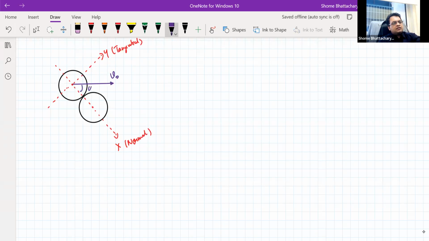Let's say that is at some alpha. So V naught cos alpha is the approach velocity. It is the normal component. And V naught sin alpha is the tangential component.